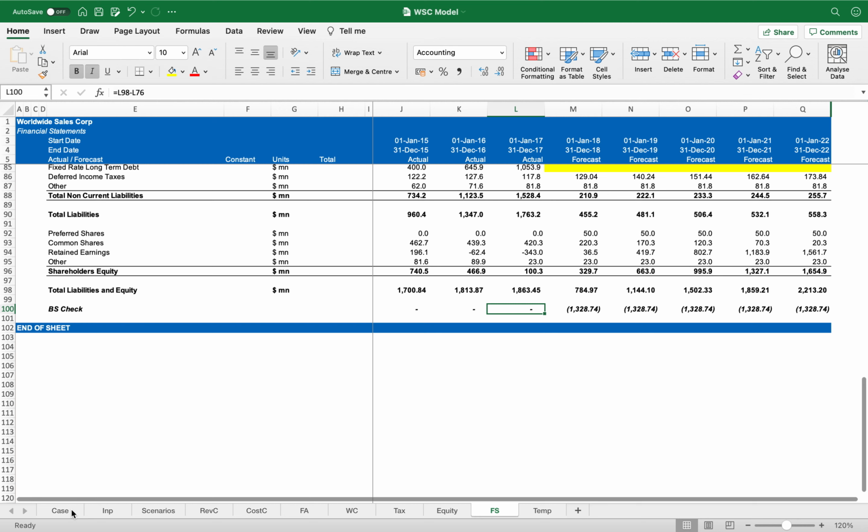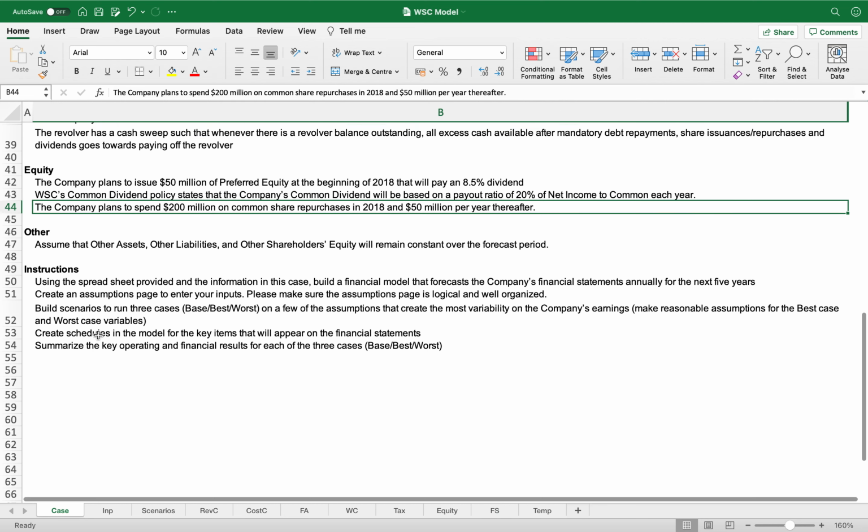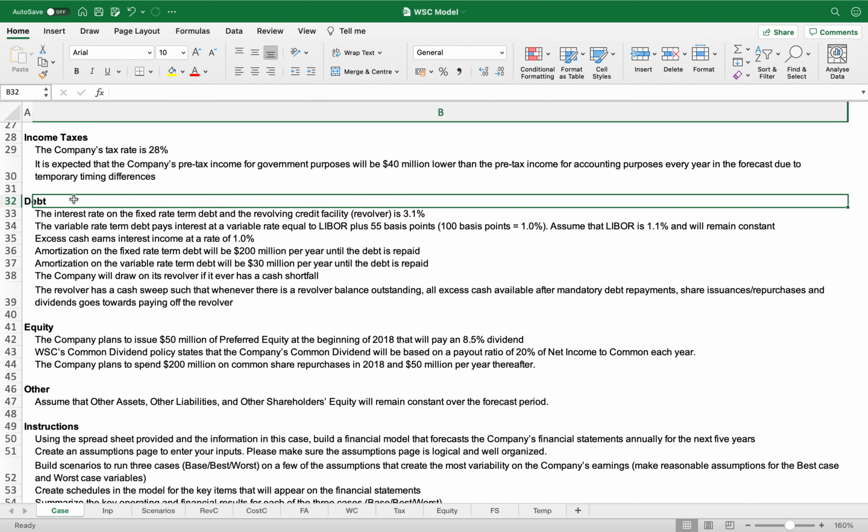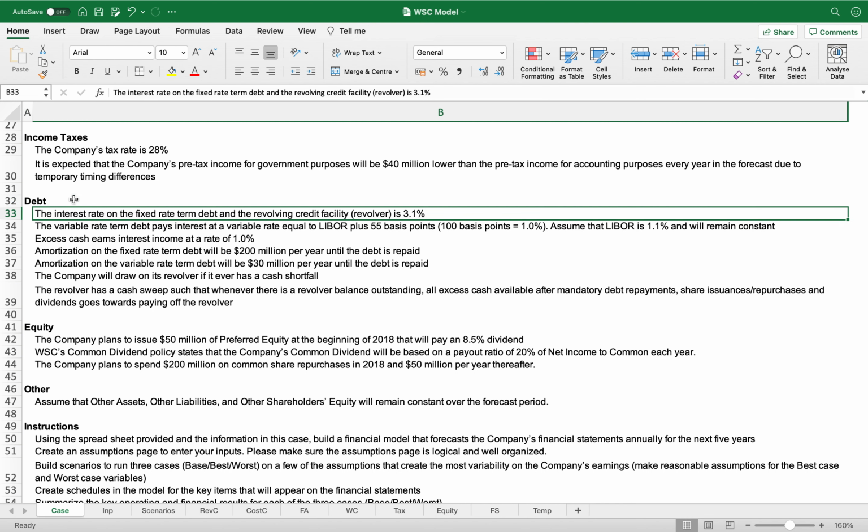Okay, let's come to the case study and look at the last thing that we need to do, the debt assumptions. Okay, now we are given the interest rate on fixed rate term debt. Now, what is the difference between fixed rate and variable rate?